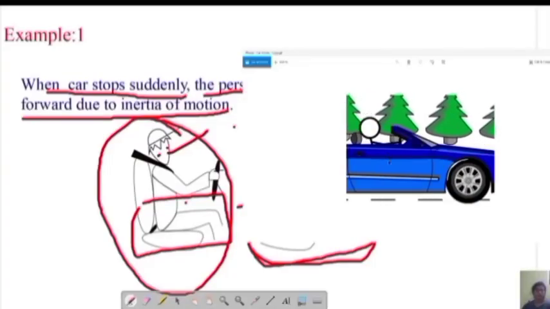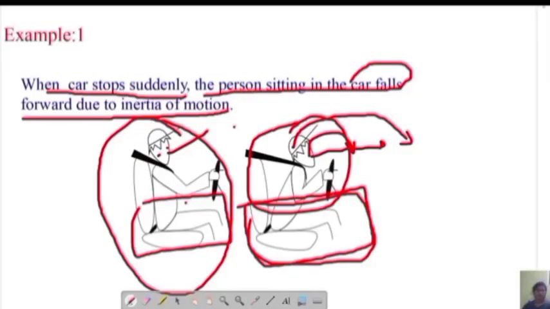One more animation I will show you; this is a fun animation. When the brake is suddenly applied, the lower part may come to rest, but the upper part does not come to rest. Hence it will fall forward. Is it clear? So this is about inertia of motion.